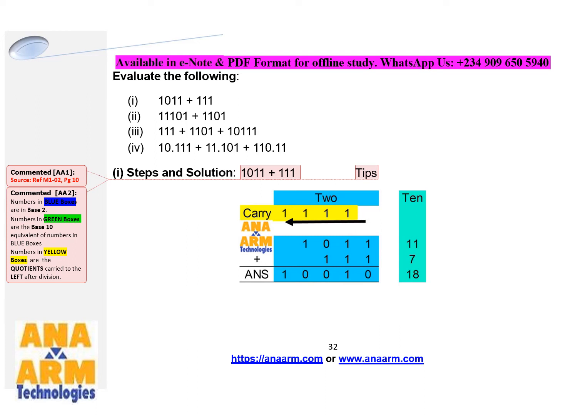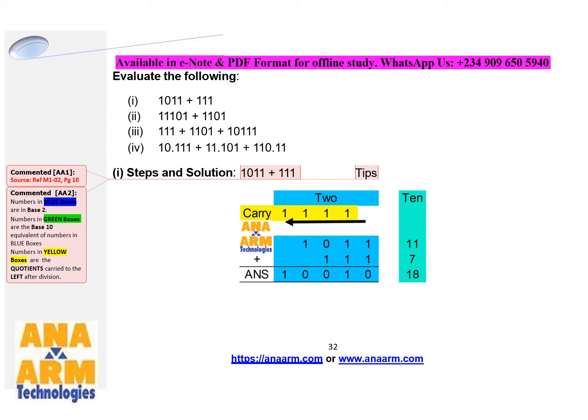But you cannot just put the 2 in the answer box. You remember we mentioned something about the answer box at the beginning. What you need to do is to divide this result by 2 because you are working in base 2. Suppose you are working in any other base, you use that same base to divide this result. So when you divide 2 by 2, you are going to have 1 as quotient, then 0 as remainder.